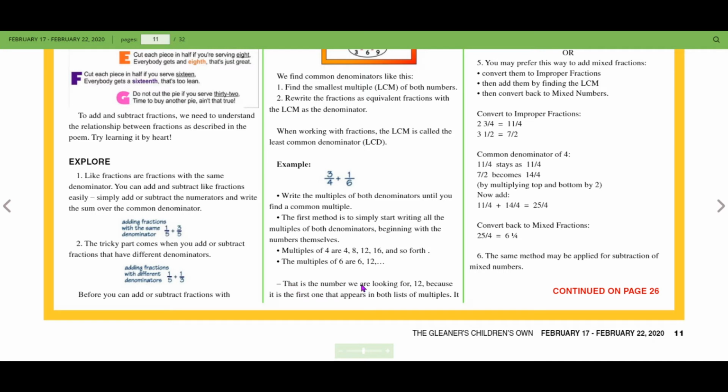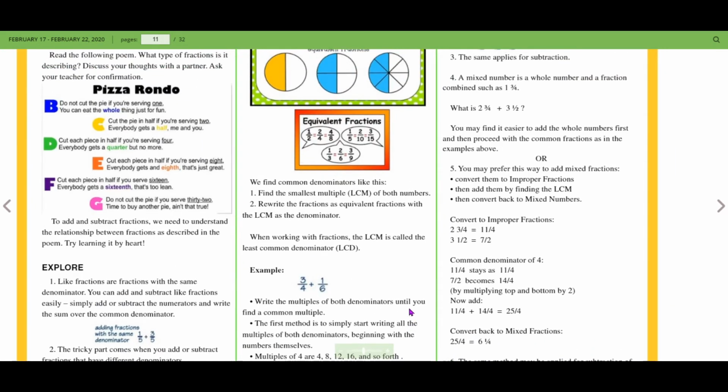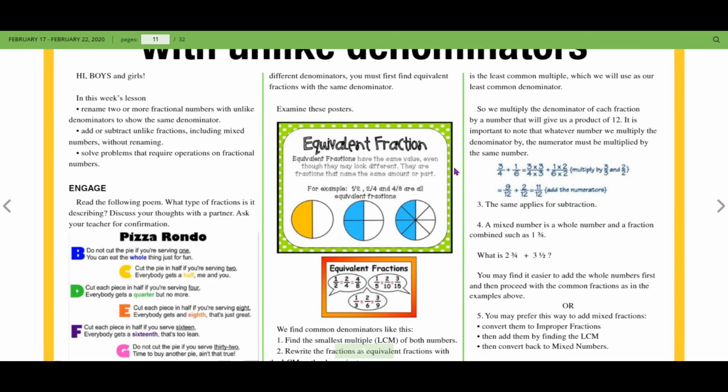That is the number we are looking for, 12, because it is the first one that appears in both lists of multiples. It is the least common multiple, which we will use as our least common denominator.